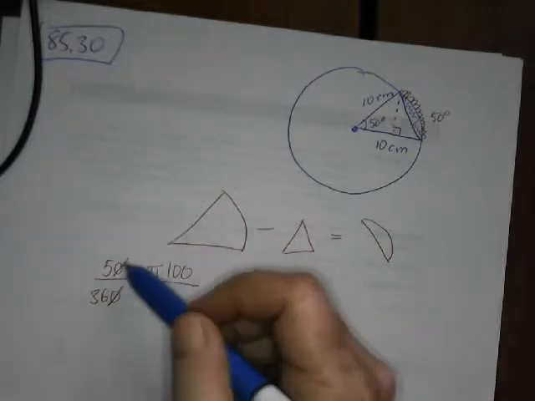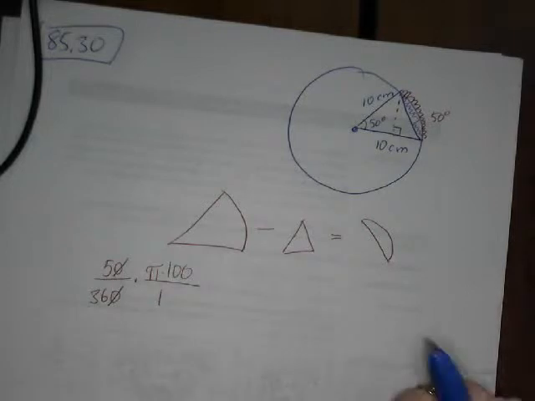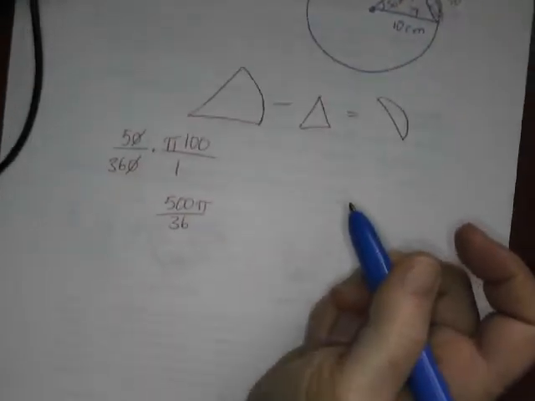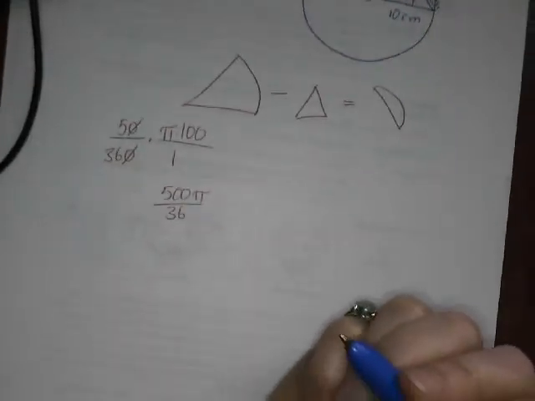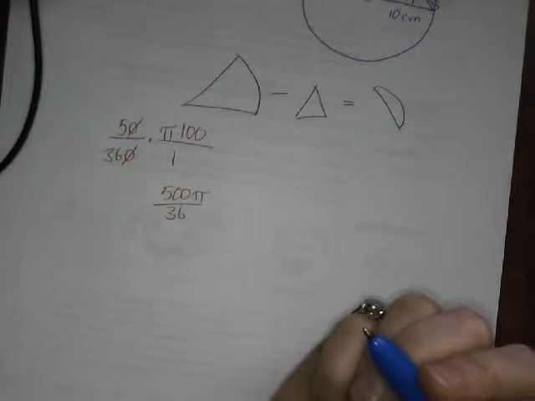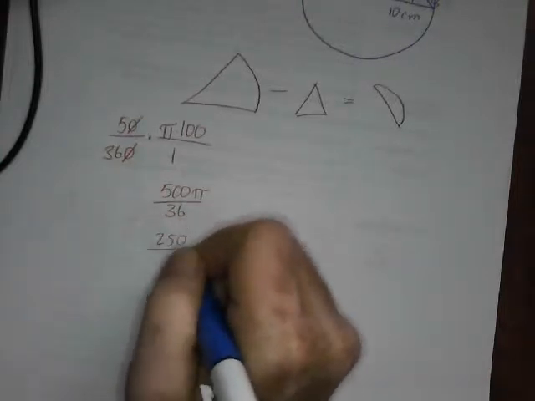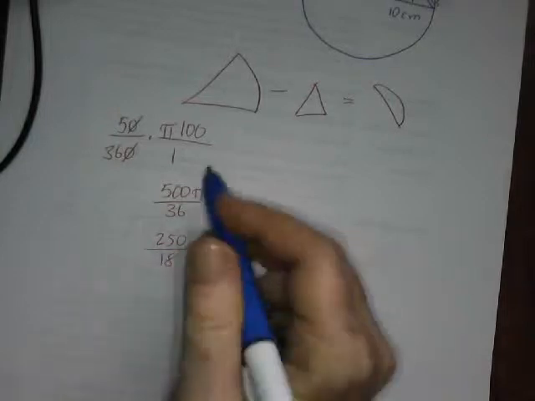Okay, can I do anything with that? Well, that gives me 500 pi over 36. I want to reduce it, I think. Maybe by 2, that would give me 250 over 18. I always get in trouble when I start doing stuff like this.